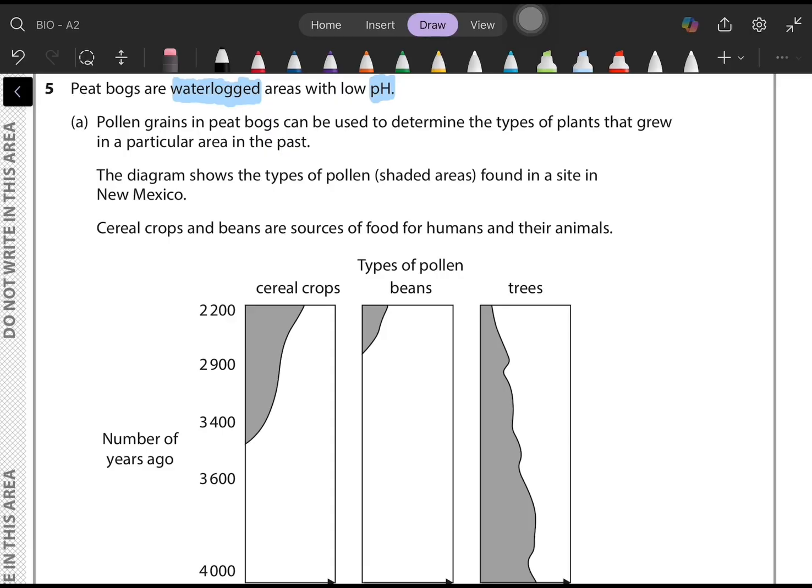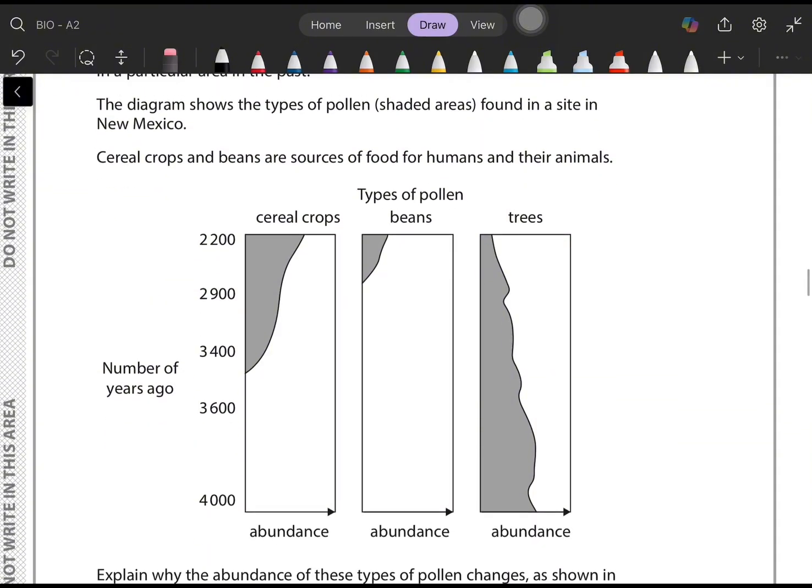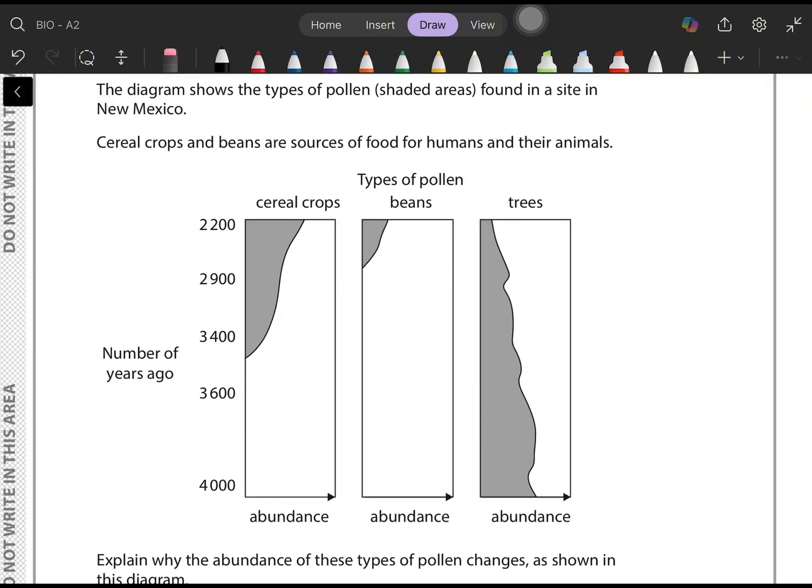Pollen grains in peat bogs can be used to determine the types of plant that grew in a particular area in the past. The diagram shows the types of pollen found in a site in New Mexico. Cereal crops and beans are sources of food for humans and their animals.